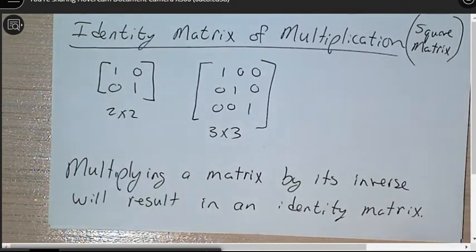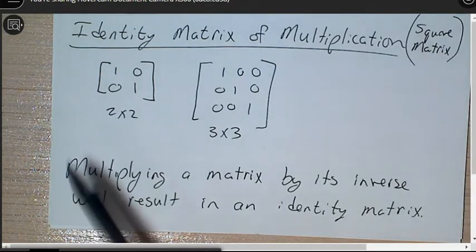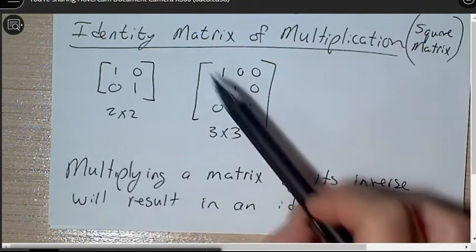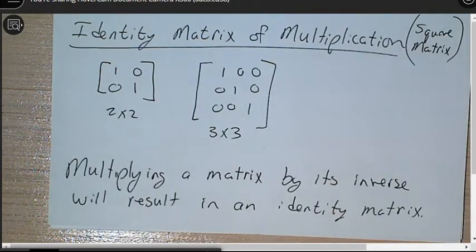The identity matrix is just combinations of ones and zeros, with ones on the diagonal. The next question they're going to ask you is, here's two matrices, are these two matrices inverses? If you multiply a matrix by its inverse, you will always get an identity matrix.